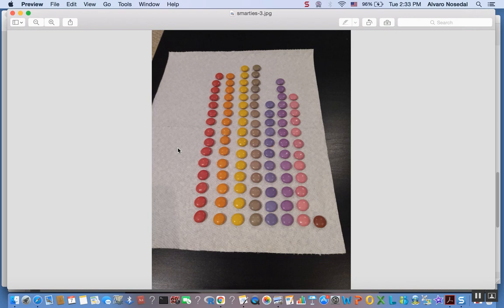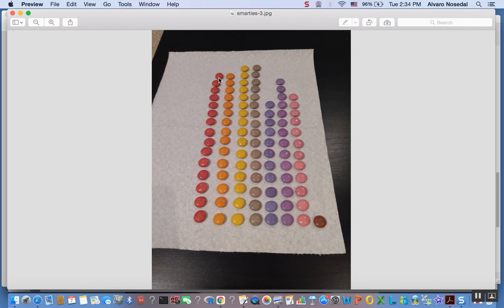Let's do that for red. So 1, 2, 3, 4, 5, 6, 7, 8, 9, 10, 11, 12, 13, 14, 15, right? So using that relative frequency interpretation approach, the probability of red would be 15%.